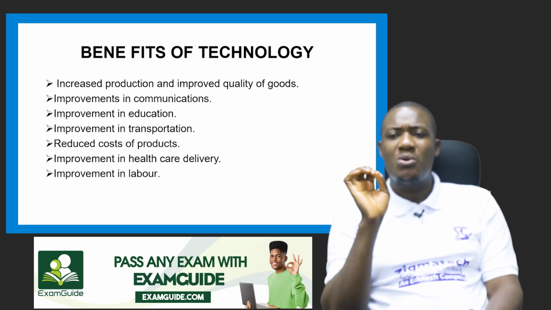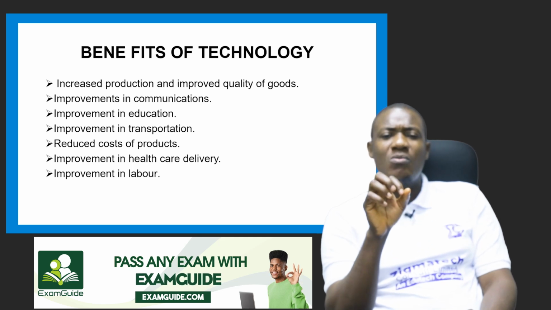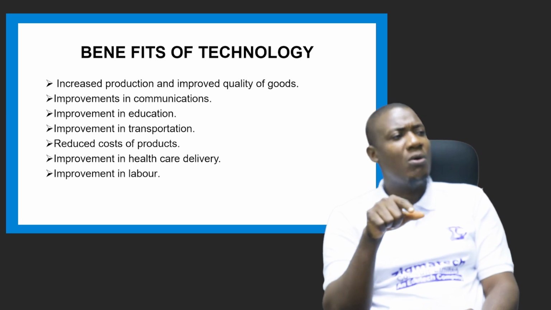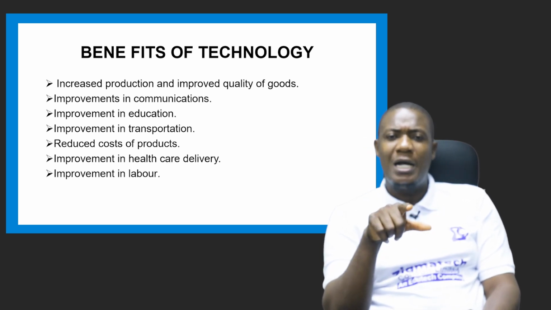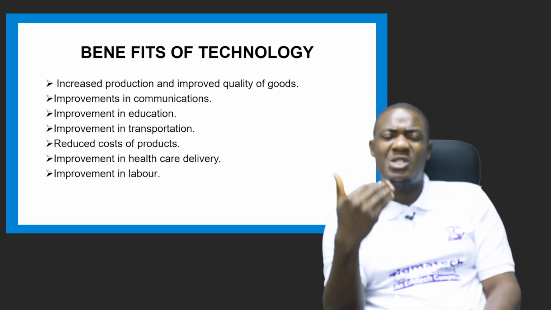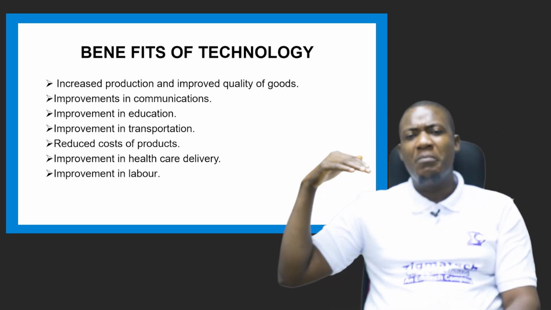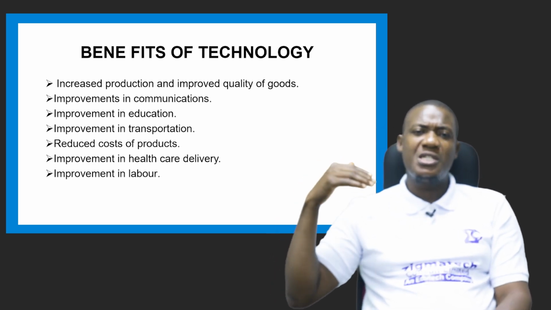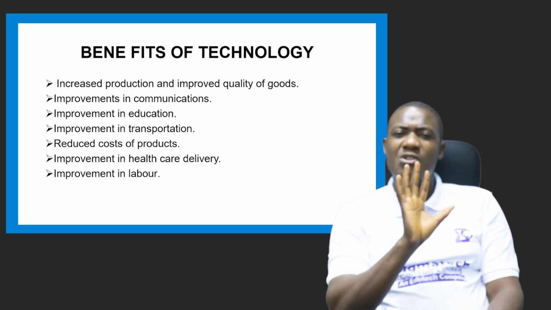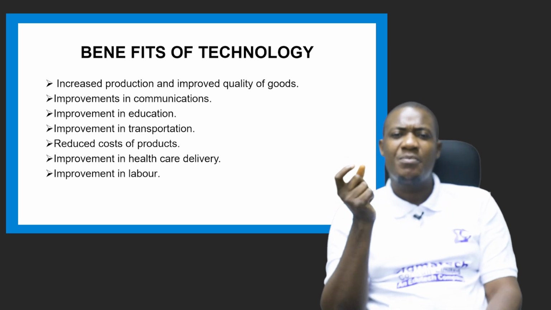Let's take, for example, right, in agriculture, so to say, if you want to actually cultivate for commercial purpose and not just for subsistence farming, you need machines like tractors, you need the weeders, you need the seeders, you need them to ensure that your work is faster and you can cover and cultivate a large expanse of land within the shortest possible time.